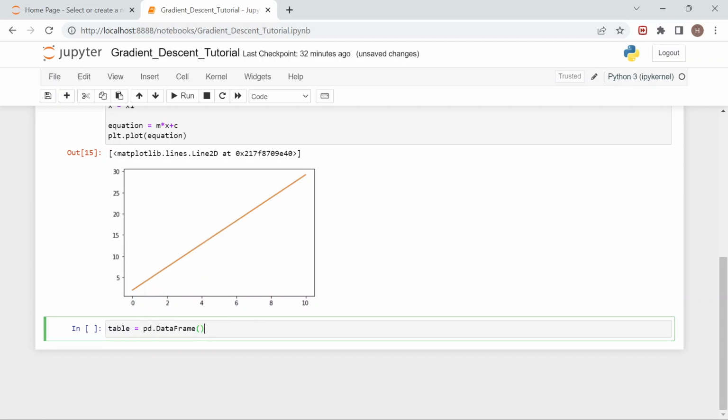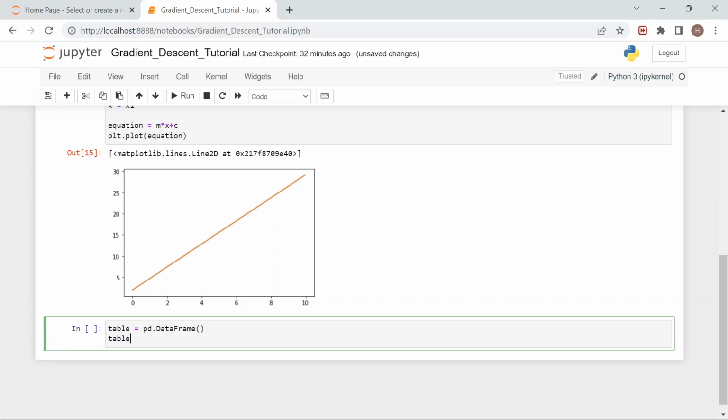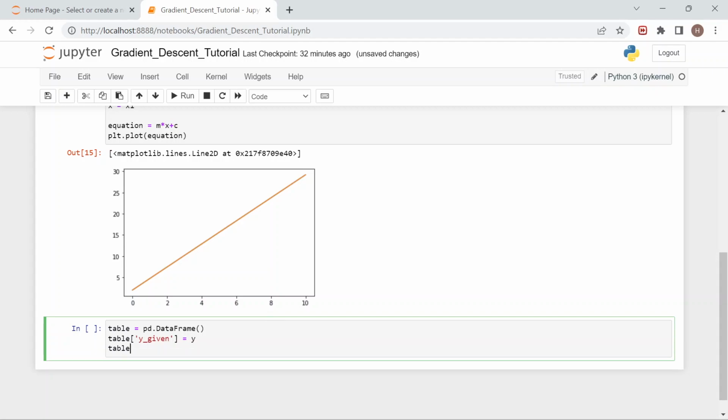And we will add our y given, so this is our given y, and the output y, which is when we did the training, equals equation.